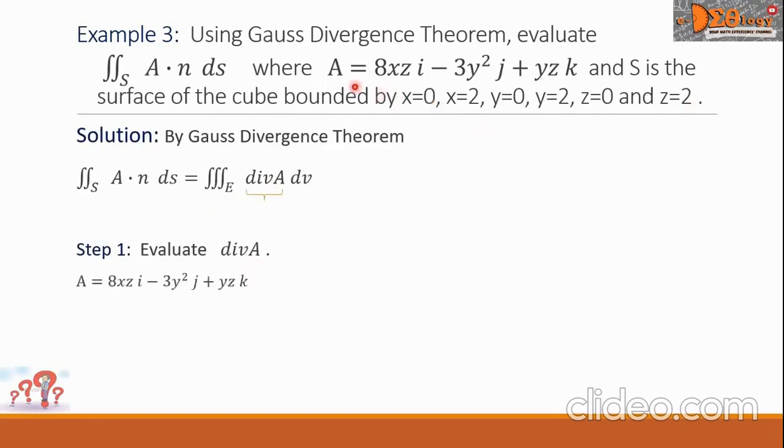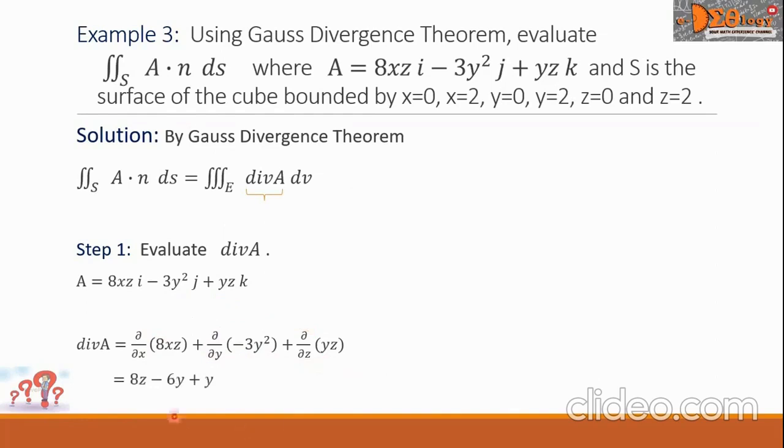We copy the value of A below here, then let us evaluate divergence A. It becomes like this. Partial derivative of 8xz with respect to x plus partial derivative of negative 3y squared with respect to y plus partial derivative of yz with respect to z.